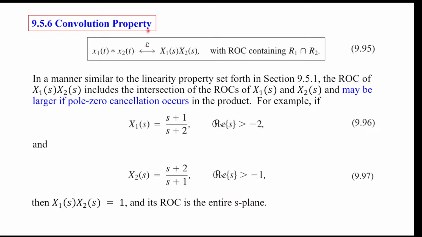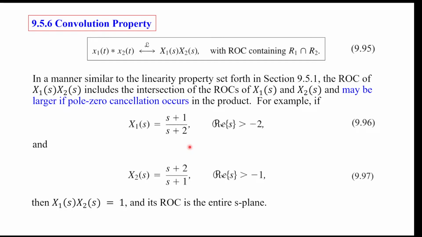But when you multiply X1 and X2 together, you see that they exactly cancel out. Since X1 and X2 multiplied together is 1, and 1 converges everywhere, the ROC should be the entire S-plane, so the ROC will not be the intersection between those two things. The intersection is Re(s) greater than minus 1, but the ROC is the entire S-plane, because the pole at minus 2 and the pole at minus 1 both cancel out when you do this multiplication, since this thing has a zero at minus 1, and this thing has a zero at minus 2.